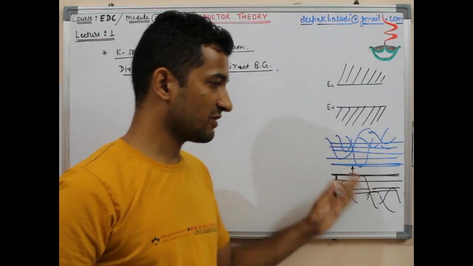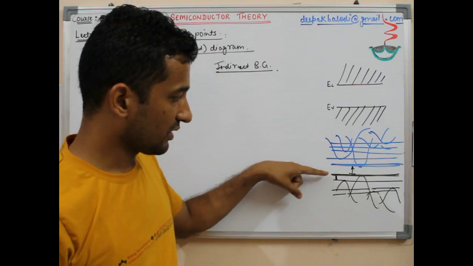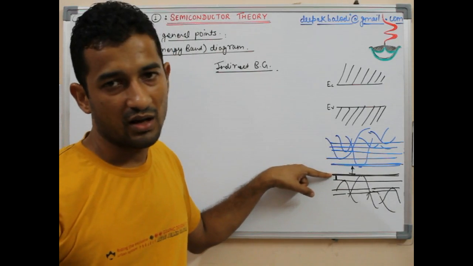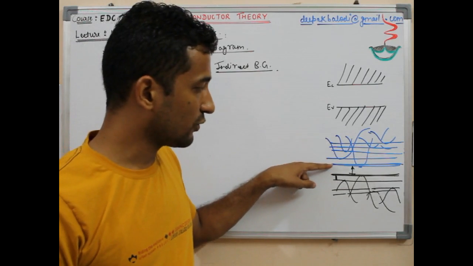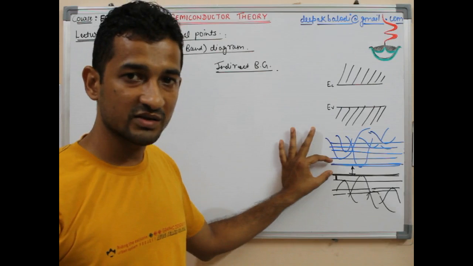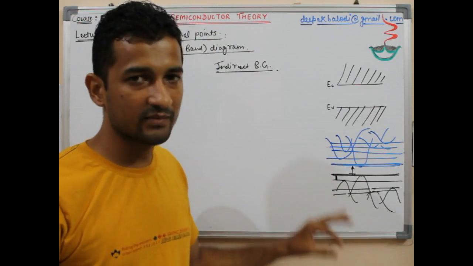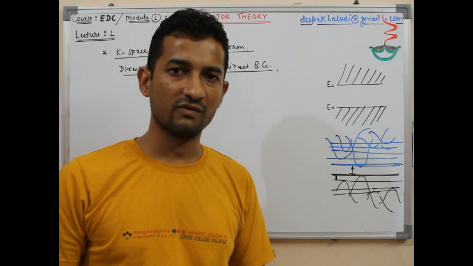It may not be very clear from my diagram, but generally the gap from the highest energy level in the valence band to the lowest energy level in the conduction band is the largest one, and it is so high that these small gaps are almost insignificant, or they are not very visible.